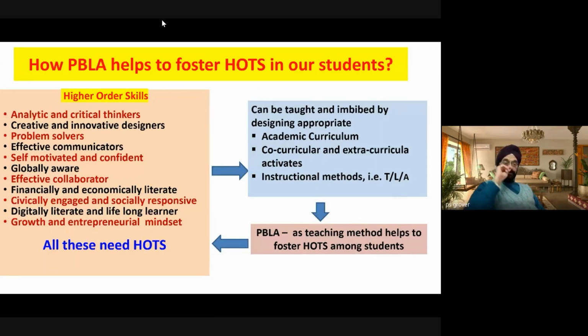So please appreciate, these are the skills which industry wants. These are employability skills. Those employability skills can be taught with the help of designing a proper curriculum, proper teaching instructional method, and PBL is one of such instructional methods which helps to incorporate these things, as I explained to you earlier.